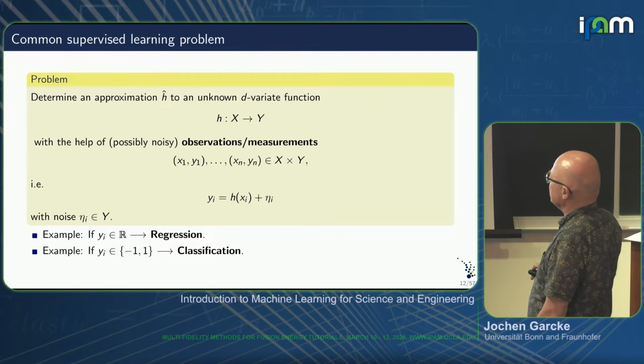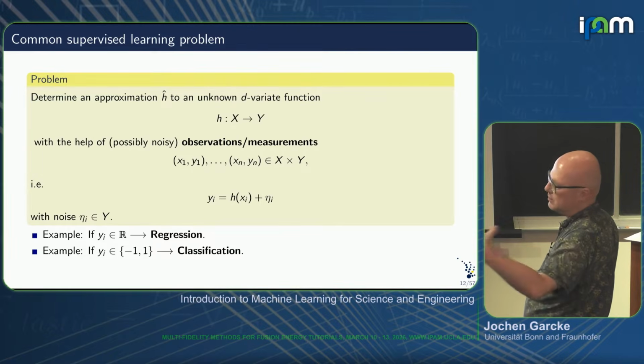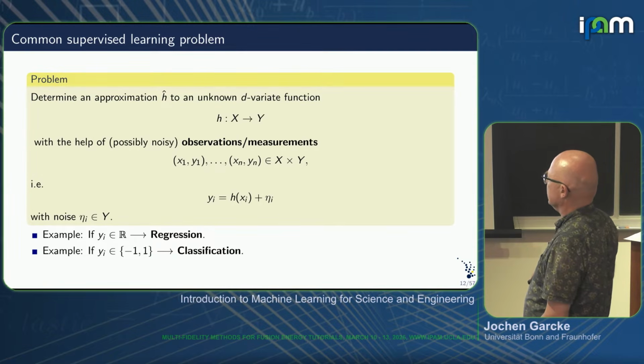But this is more the abstract level, so that we have this functional relationship, and even there we have to include some noise, since we have measurement noise.